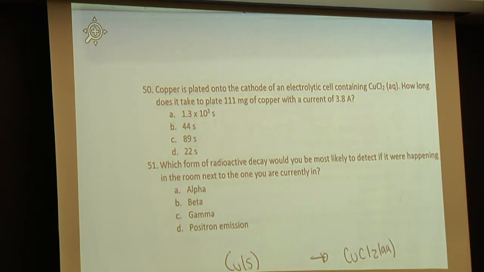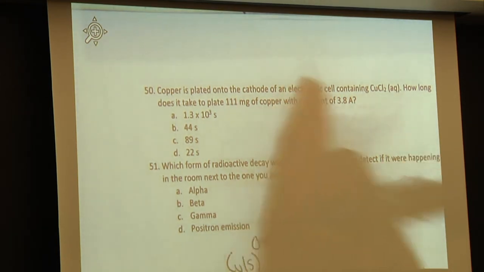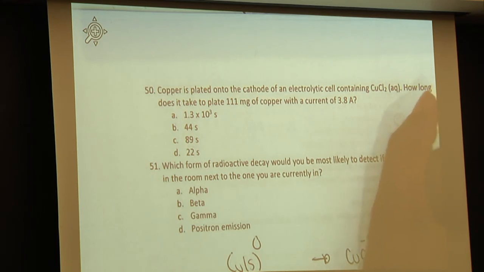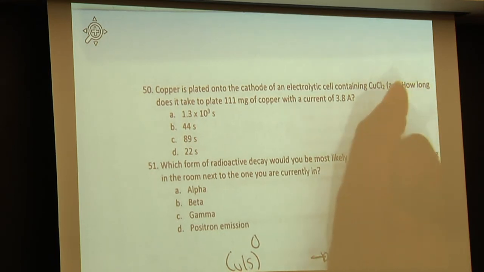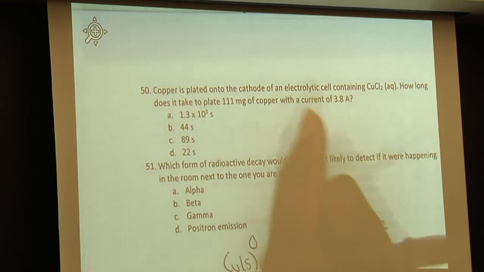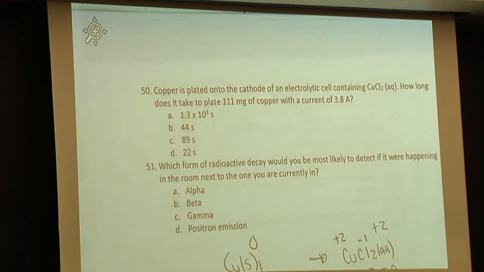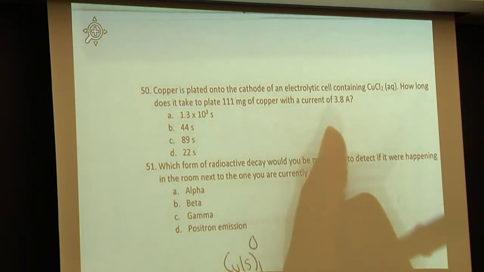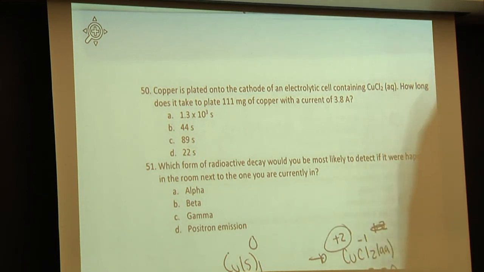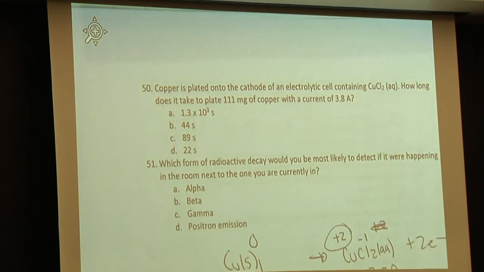We just need to figure out the moles of electrons. So if you're going from 0 to +2, because this is -1, and this is -2, and then this would be +2. I just did that real quick. But if you're going from 0 to +2, how many electrons are you losing? Yes, from 0 to +2. You're losing 2 electrons. So this would be what your half reaction will look like.